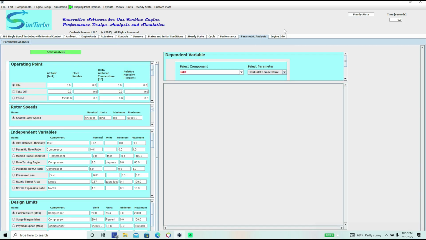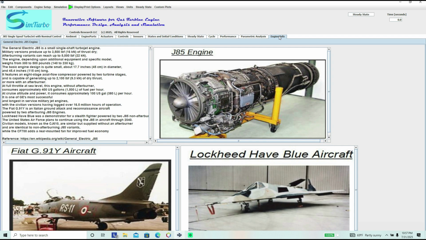Parametric analysis. And here's an interesting tab where we go through, and for instance, this engine, the J85, basically shows some of the history of the J85 engine, some of the basic system details, and then a picture of the J85 engine, and then 2 representative applications.